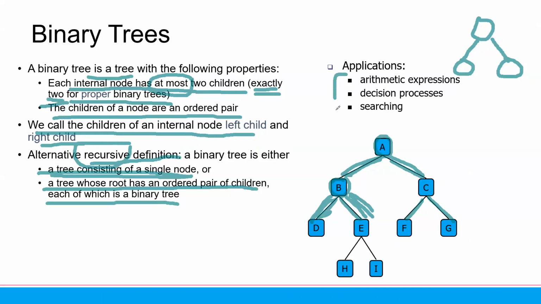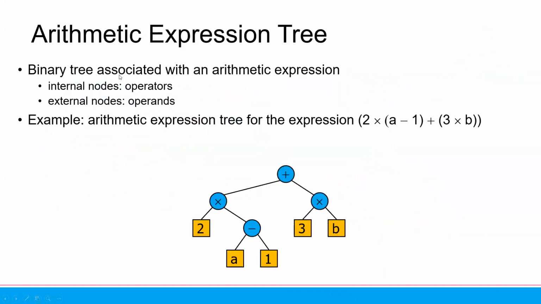There are some applications for these binary trees. We can use the arithmetic expression or the decision process or searching. Let's say the arithmetic expression. When we do the arithmetic operation, like making a calculator, when you make your calculator, you can use binary tree.